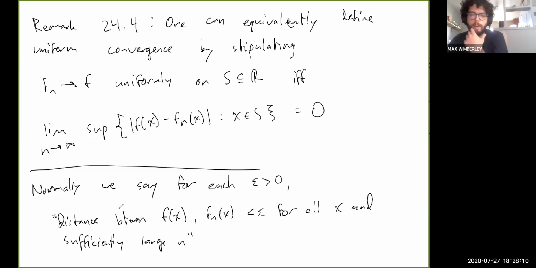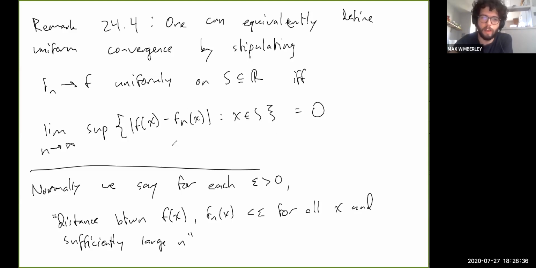This is a way of phrasing the normal definition of uniform convergence. It's a colloquial way of saying that for whatever epsilon you want, you can pick a big enough n value that fn(x) is within epsilon of f(x) for all x values, right?